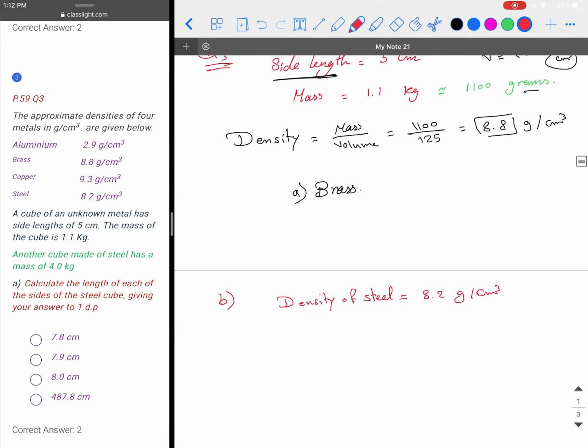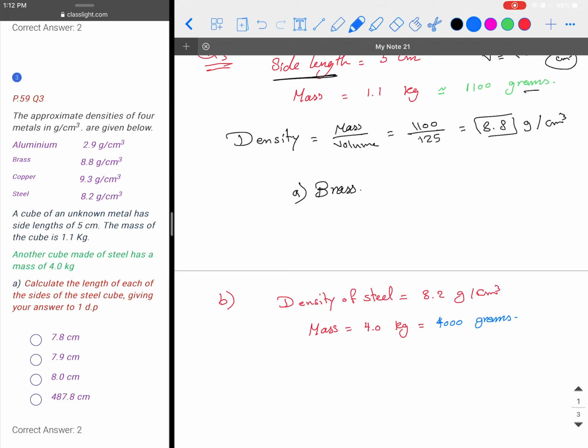After that, it has a mass of 4 kilogram. Also, mass equals 4.0 kg. I'll convert it into grams. That means I will multiply by 1000. It will be 4000 grams.